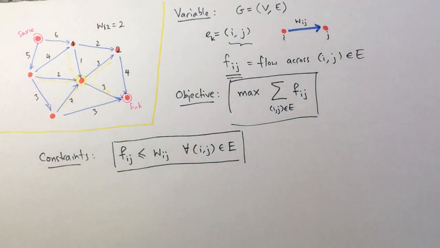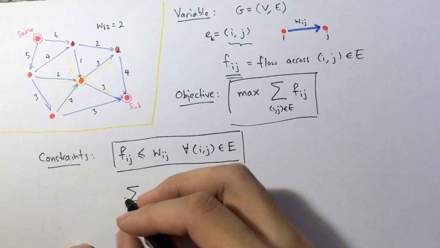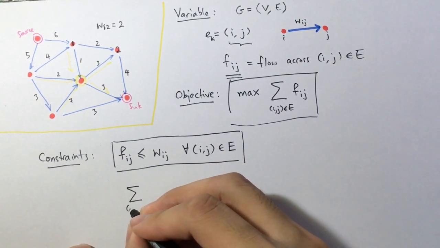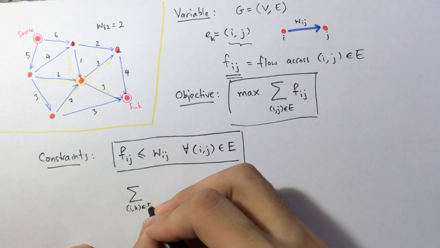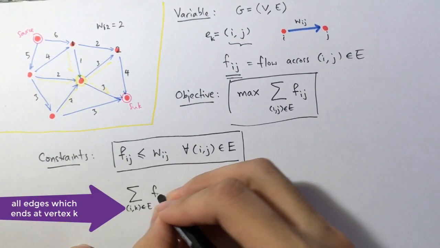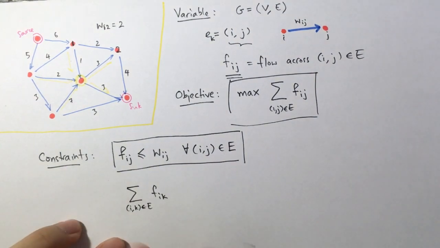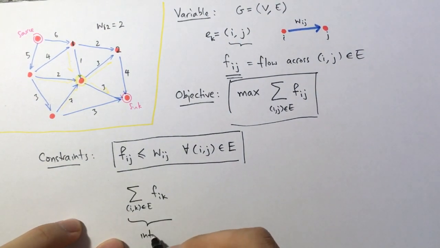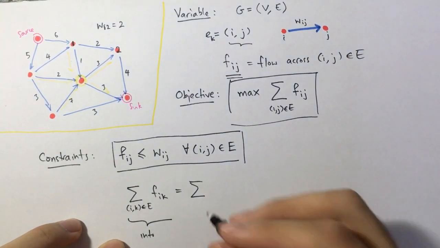So let's suppose we have a vertex k. Then we have to say that the flow going into that vertex, which will be the sum over all ik in the set of edges, of f_ik, this will be the total flow going into some vertex, will have to be equal to the flows going out of it.